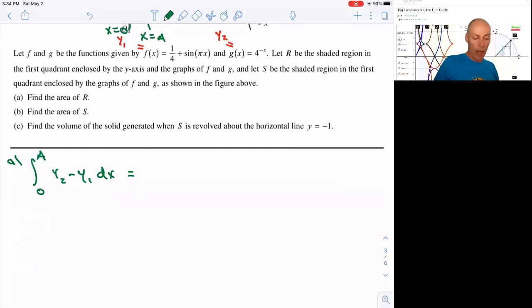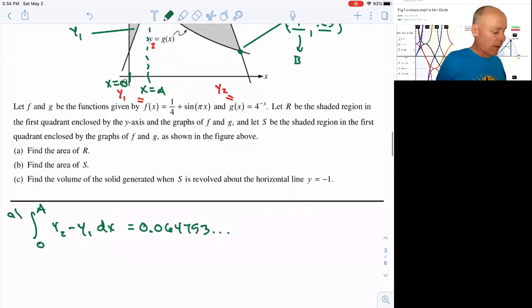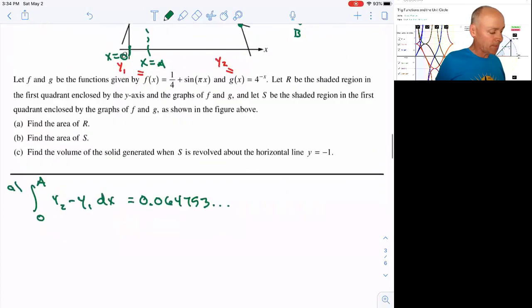I select y2 first, minus alpha trace y1, and then go to dx. Okay, cross my fingers. My answer is 0.064753, and that's going to be the area of region R.